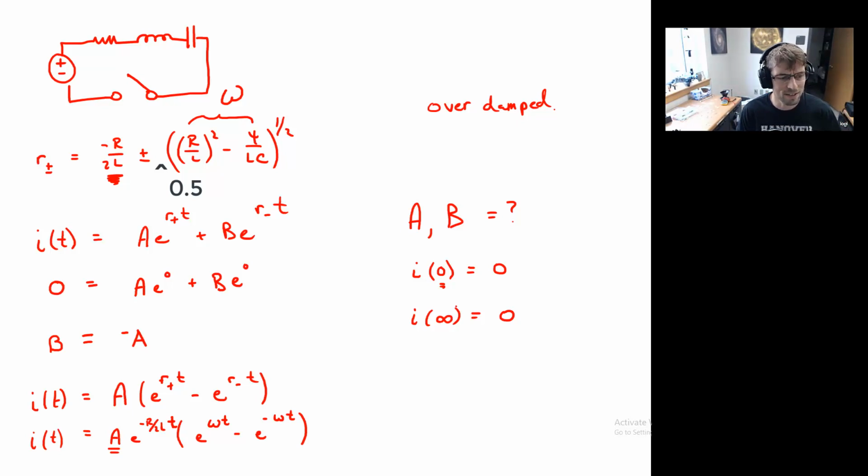But that doesn't really help us because this common term already goes to 0. So that's not going to help us too much. What can we say? Okay, I think the other one is going to be in the derivative. What can we say about di dt at time equals 0?